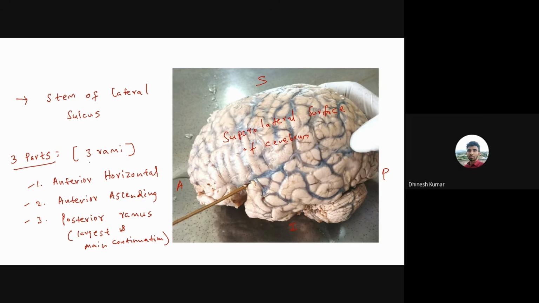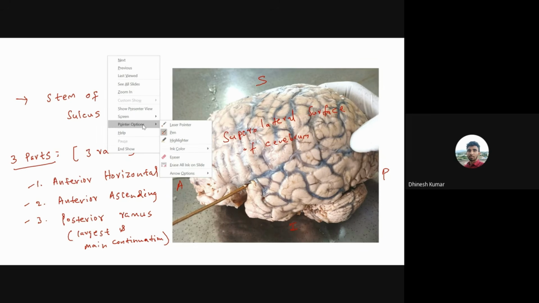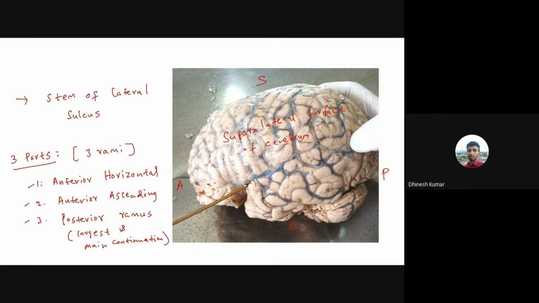Some textbooks will simply mention horizontal ramus instead of anterior horizontal, and ascending ramus instead of anterior ascending. So whatever is given in your textbooks, you can follow.